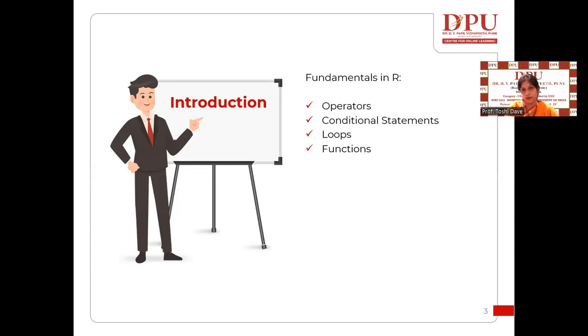Don't get confused. Clear? Next is loops. Loops mean whenever you want to repeat something multiple times, you have to use the concept of loops. And the last fundamental in R is functions. I will let you know about functions at the end of this session, because we are going to discuss each of these one by one.